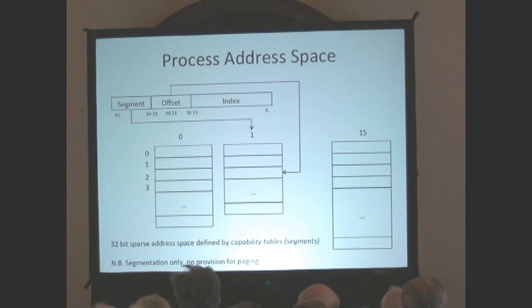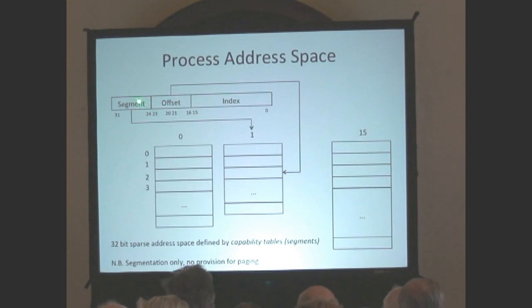Inside each of those processes, your address space was described by a set of capability tables, which were segments in memory containing sequences of capabilities. So when you constructed an address for one of the instructions, the address would be 32 bits long.